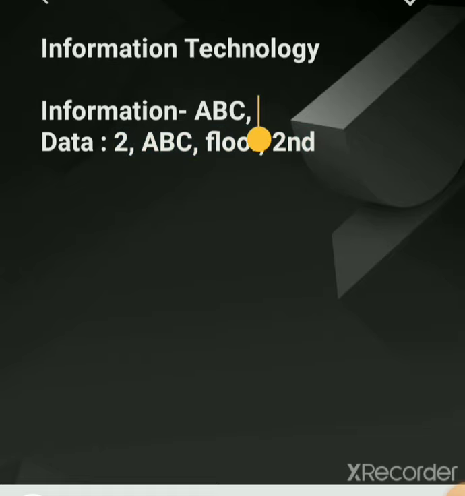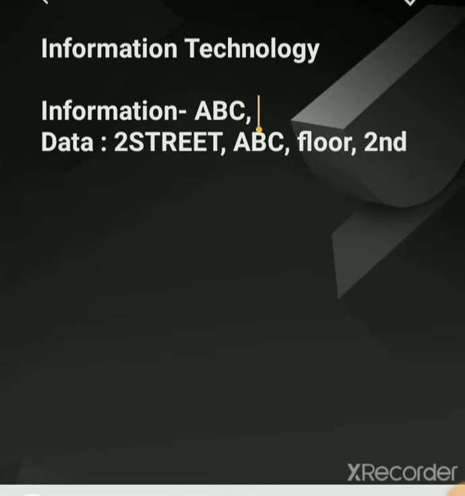If we arrange and organize this data properly into meaningful information, we can write: ABC, second floor, 2nd street.